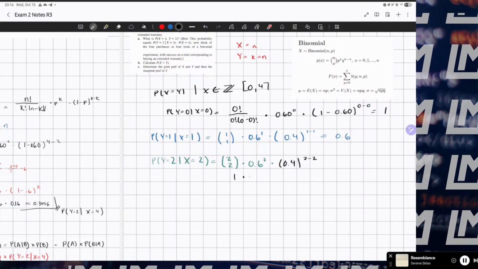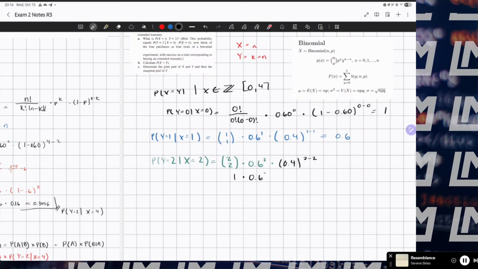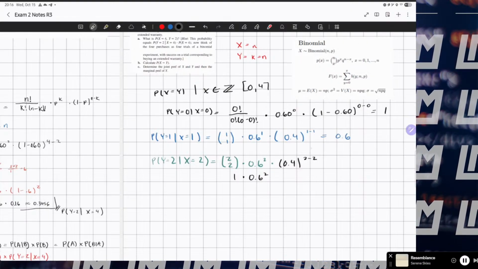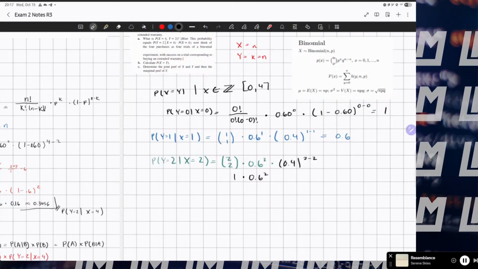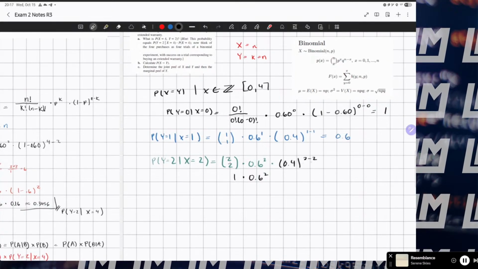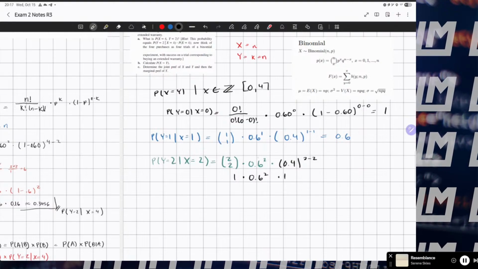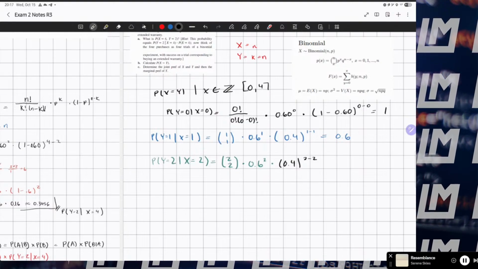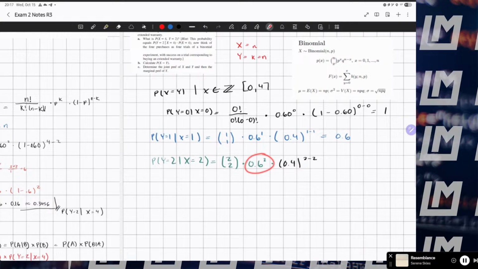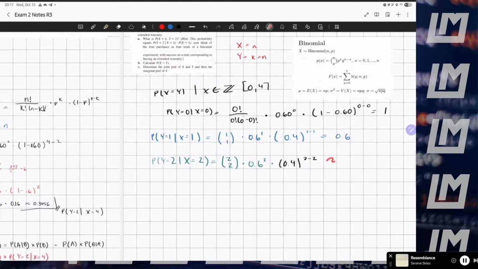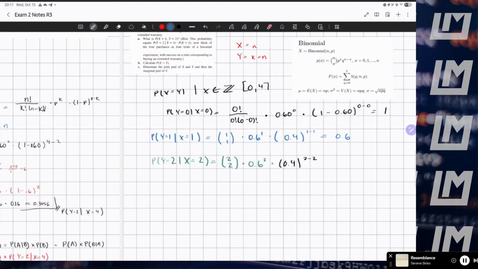And so really at this point, you're just getting 0.6 to the power of 2, and that's going to be the answer, because 2 minus 2 is 0. So you're looking for 0.4 to the power of 0. That's also going to equal 1. So really you're just solving this portion right here. All right, so that's going to be 0.6 to the power of 2.